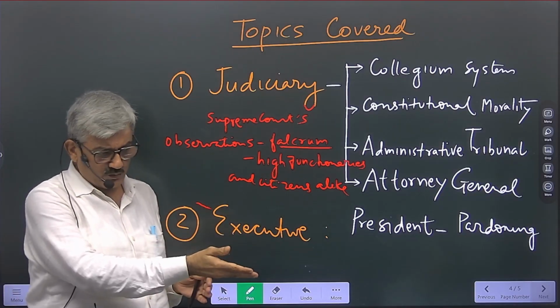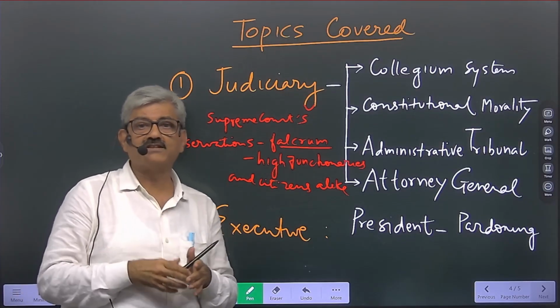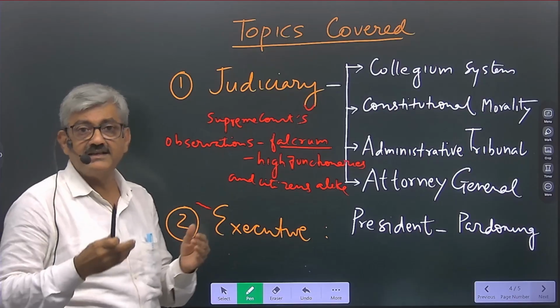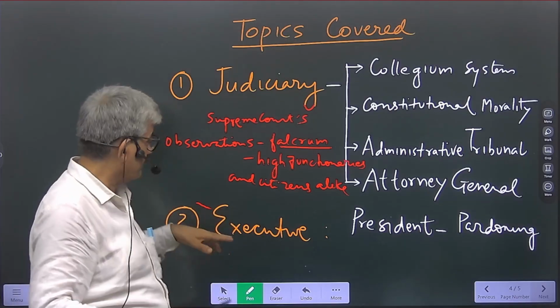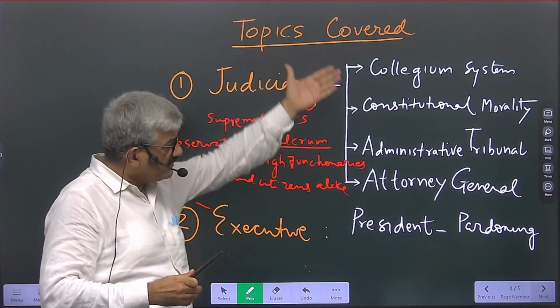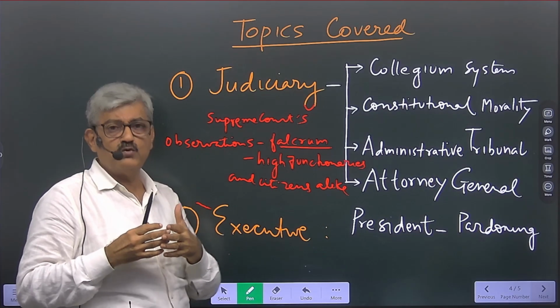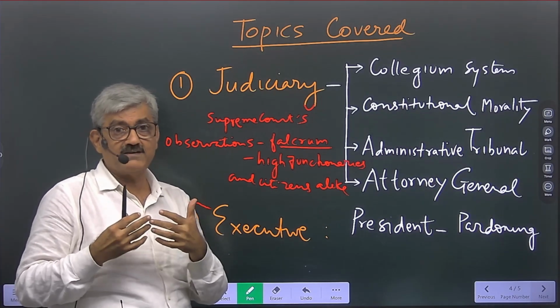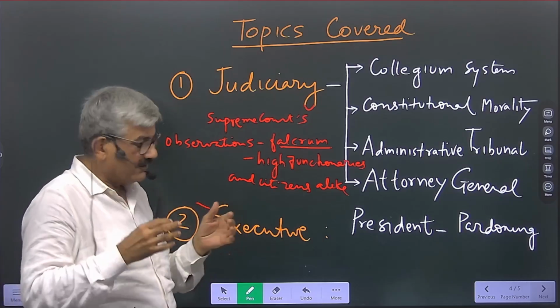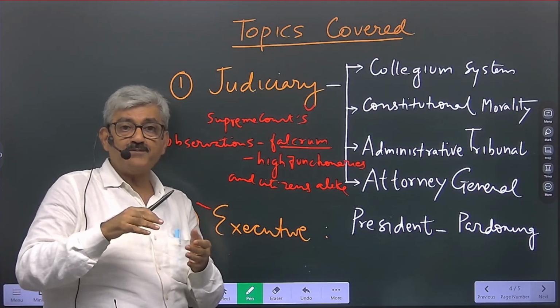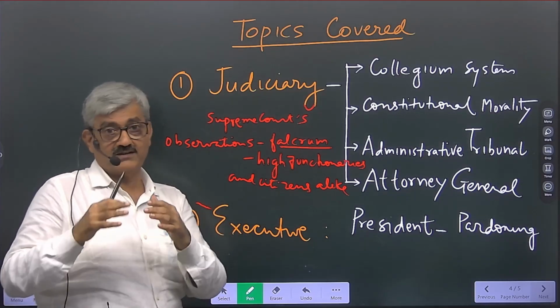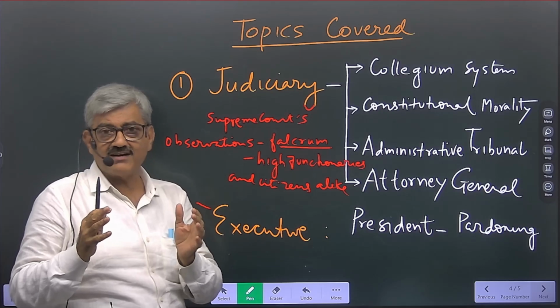Even last week, 4 or 5 judges were appointed in the state high courts. So these questions were expected, and as a candidate you are expected to be very sensitive towards knowing the way of appointment, and after appointment, how they function, whether they are working under constitutional morality or not.